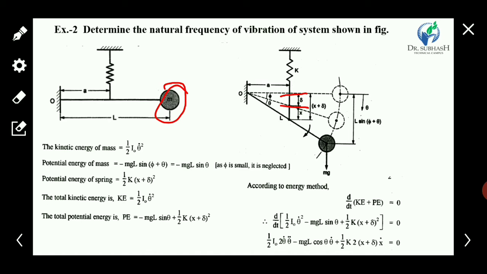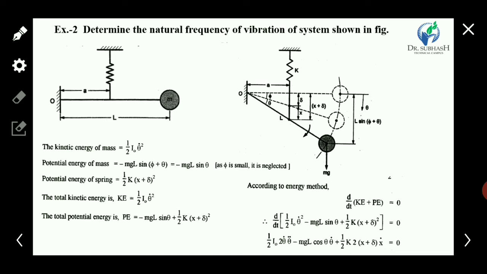Now from this position, if we displace the mass to some distance x, or angular displacement, we can say displaced by theta in the downward direction as shown in the figure.